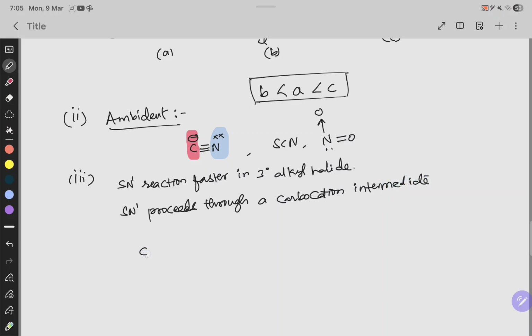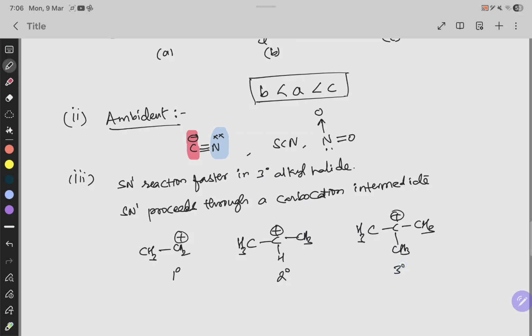Suppose you take a primary carbocation, CH3CH2+, this is a primary carbocation, and if you take this, this is a secondary carbocation, and if you take a tertiary, CH3C+ with CH3 here and one more CH3 here. So this is primary carbocation, this is secondary and tertiary. Carbocation is an electron deficient species, right?